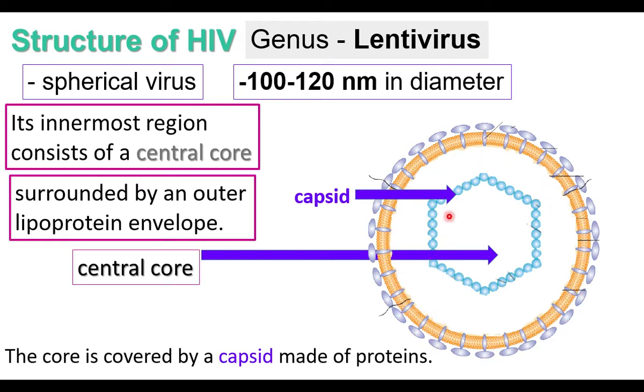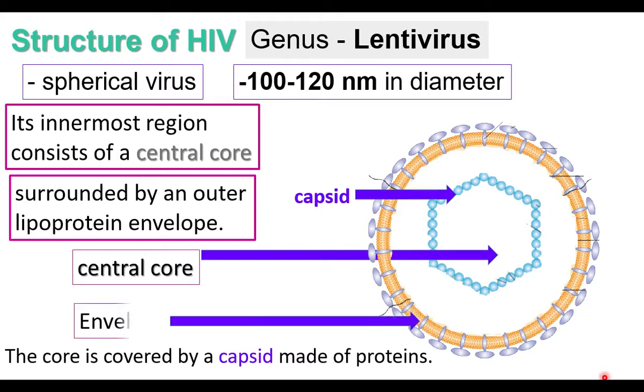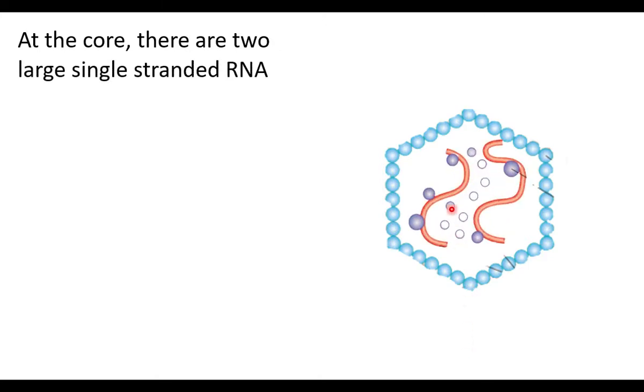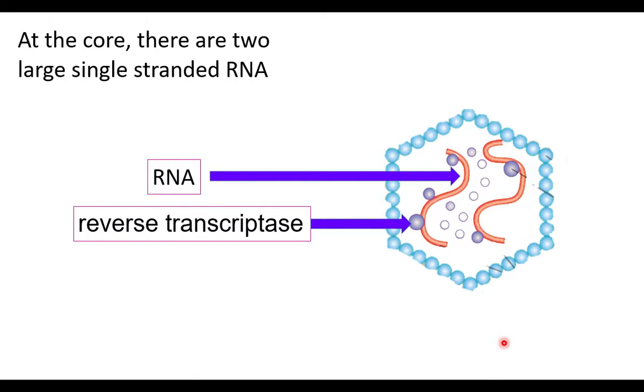Now let us see what is inside the capsid. This is the envelope, the outer covering. The capsid covers the genetic material. Inside the capsid there are two single-stranded RNA molecules. The RNA molecules are attached with the enzyme reverse transcriptase.